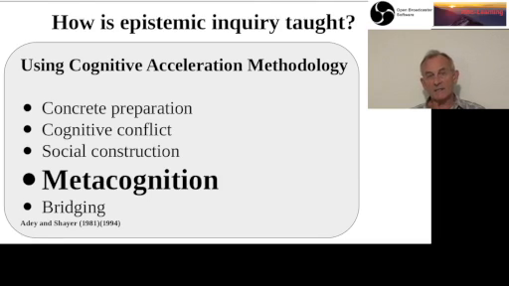A major part of epistemic inquiry is the concept of metacognition, where we're constantly thinking about the knowledge we think we have, the thinking that we have, and so we monitor and plan and evaluate how our thinking is going, how it relates to the evidence that we're dealing with, how sound our arguments are.